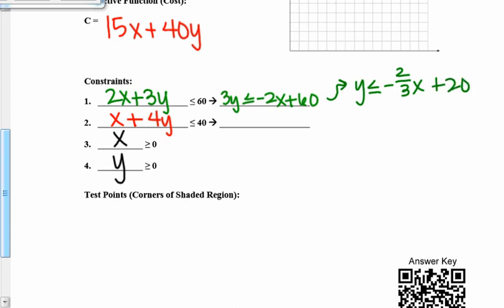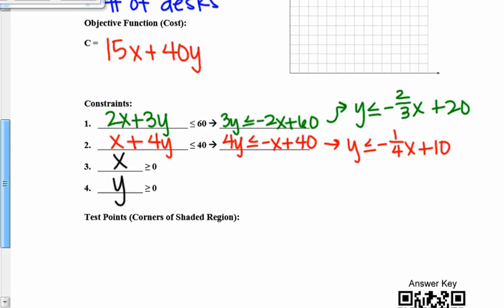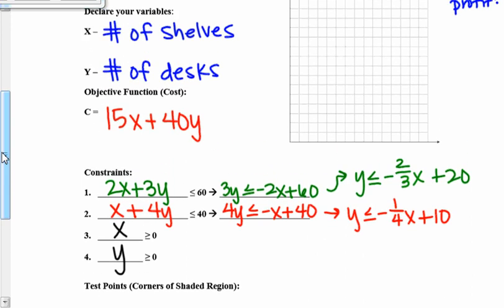So plus 20. And then my other one, when I subtract over x, I get 4y is less than or equal to negative x plus 40. And then when I divide by 4, I get y is less than or equal to negative 1/4 x plus 10.